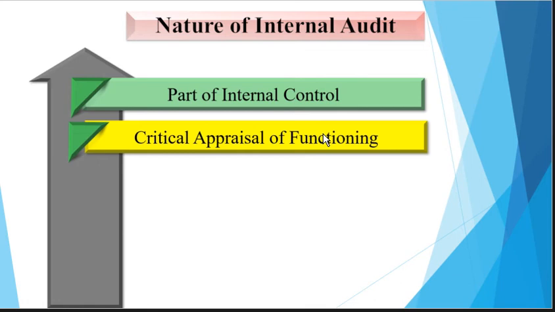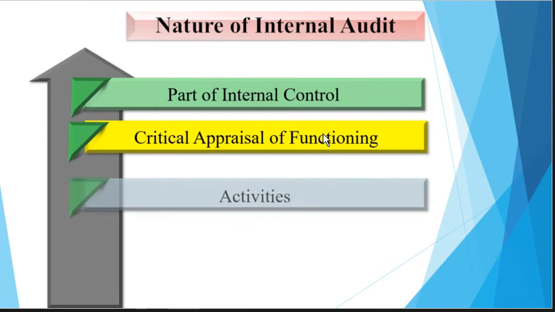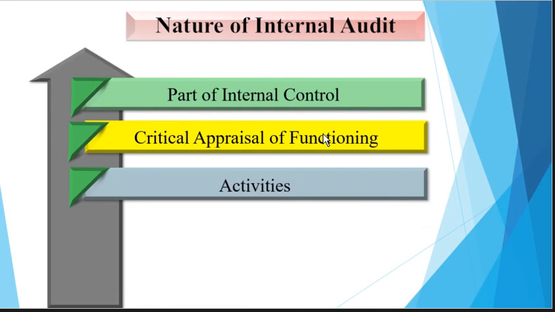system of internal check. Exceptions from normal functioning of internal check system are exposed in the internal audit. Third is activities. Friends, accuracy, completeness, reliability and timeliness of accounting information are tested and reported for remedial action.